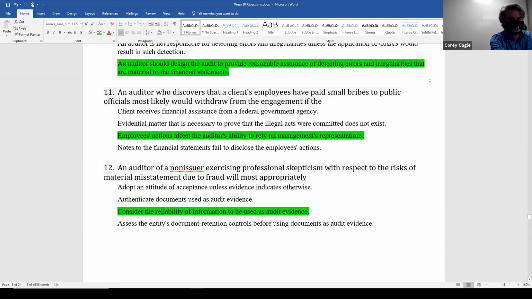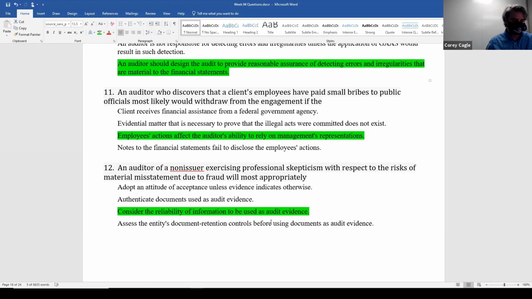11, we've seen this before as well, but it's a classic type question too. We haven't seen this exact question, but we've seen the concept time and time again. An auditor who discovers that a client's employees have paid small bribes to public officials most likely would withdraw from the engagement if those actions affect our ability to rely on management's representations.